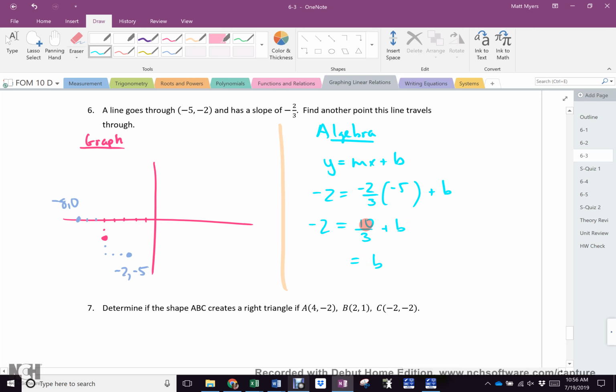B equals, bring that over, negative 2 minus 10 over 3. Negative 2 is, of course, negative 6 over 3. Negative 6 minus 10 is negative 16 over 3, gets you b. So this is y equals negative 2/3 x minus 16/3, which is kind of barfy, but you could do a table of values here and find another point. But I am expecting most of you hopefully graphed and have one of these 2 points.